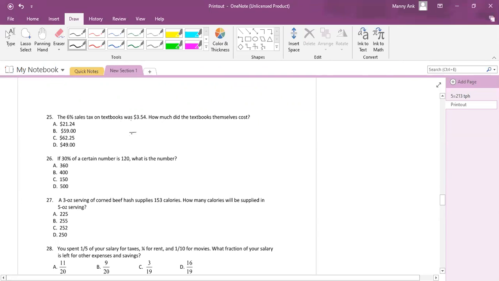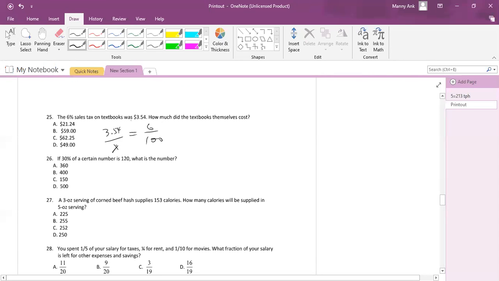So it means if you said that a proportion, 6%, the percent is 6 out of 100. Now, that means that's a portion. 6 corresponds to this. That's a tax, 6% tax. Means 6 out of every 100. You pay $6 out of every 100. So if it is a tax the person paid, you should go with the 6. So 3.54 over how much the textbook costs, the original, the whole. So this should be X here.